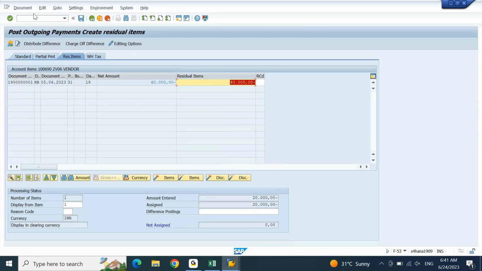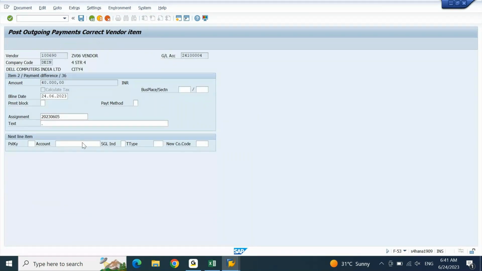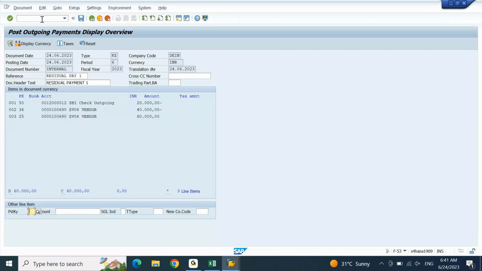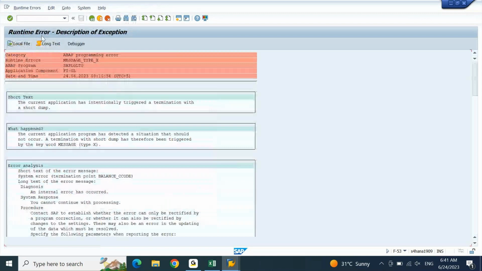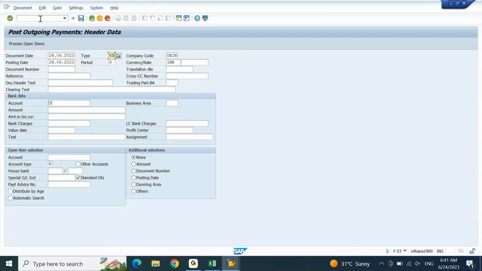Let us simulate. Double click on this, update the text. My mistake, I am not changing the document type here. We know that was the problem, the document type, but I did not update it. F-53. KP is what we were talking about.